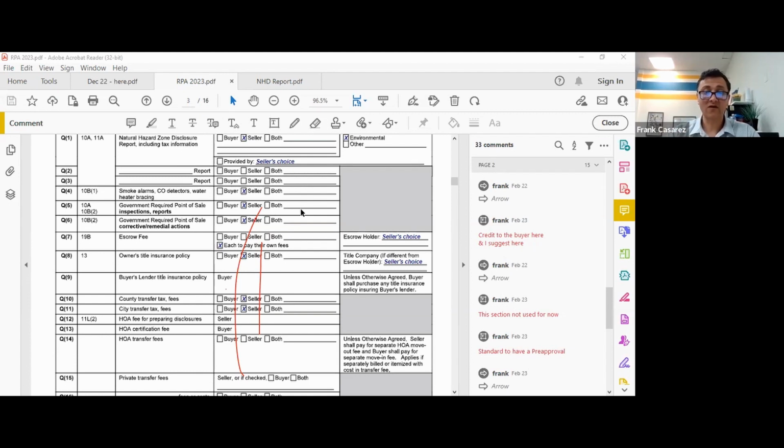Your sellers also, unless they're exempt, are going to give a couple of disclosures. One of them is called a transfer disclosure statement. The other one, a seller property questionnaire. Now, these disclosures are the seller's opportunity to put in writing, hey, I did new countertops, I put in new windows, I did this, I did that, without permit.